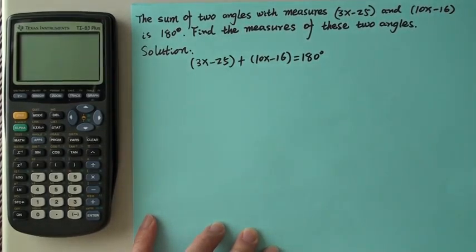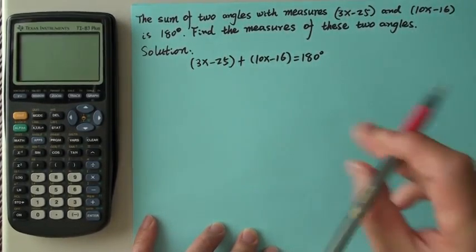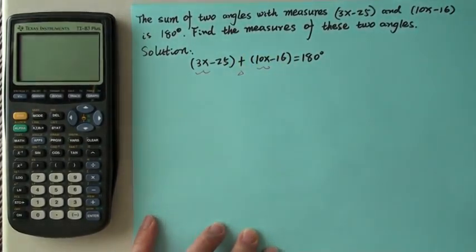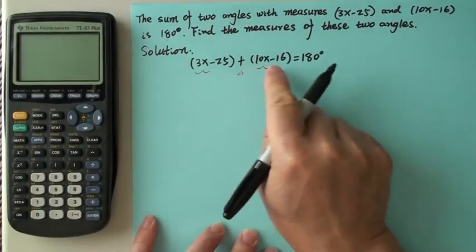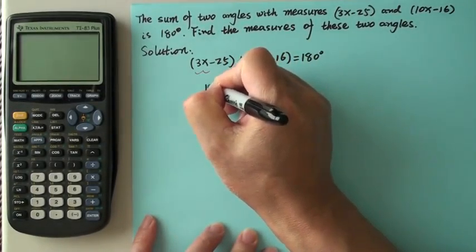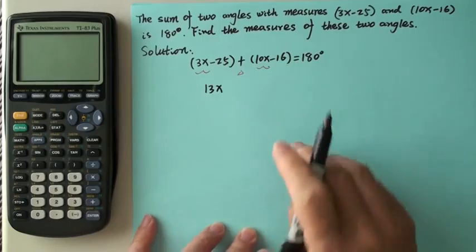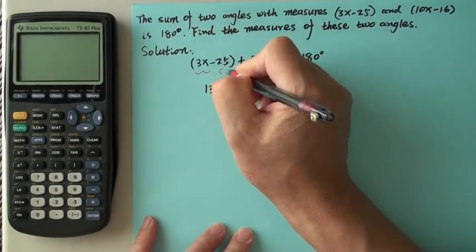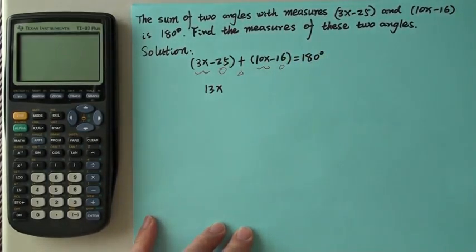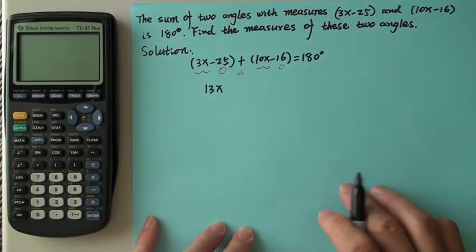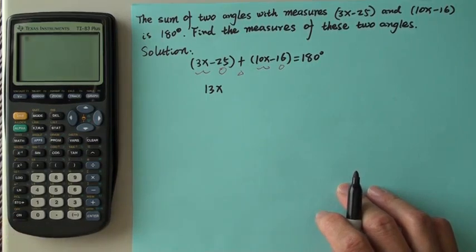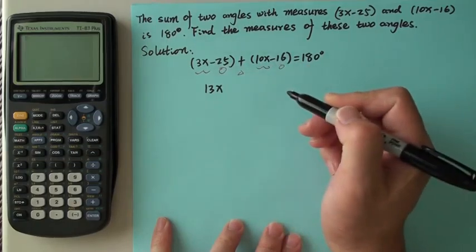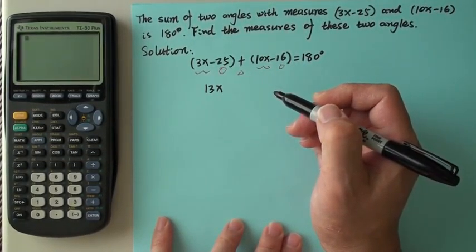Now look, here is addition. You add 3x and 10x together to get 13x. And down here, negative 25 and negative 16, you can do with a calculator, or you may not need it because those additions are not really hard.